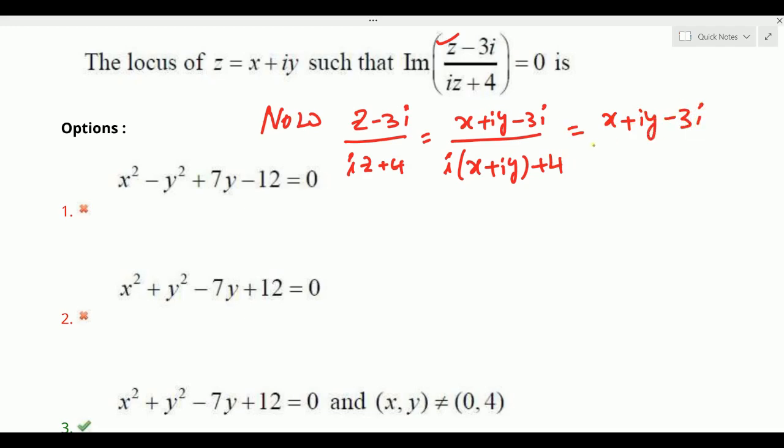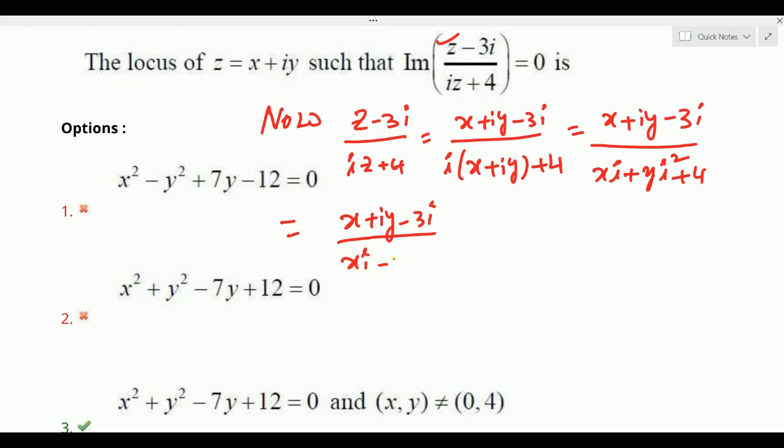In the denominator, i times z, that is i times x plus iy, plus 4. Now simplify numerator and denominator. The numerator stays as x plus iy minus 3i. In the denominator, expand with i first: x into i is xi, then i into iy is i square y. You know the value of i square is minus 1, so the denominator is xi minus y plus 4.